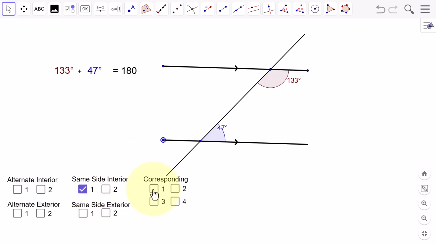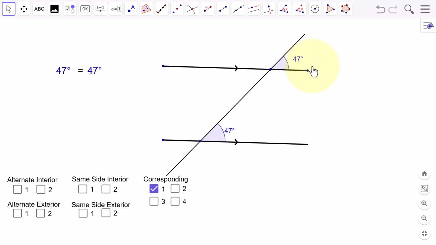Now, for corresponding angles, if you click on this point, you will see corresponding angles here. So these angles are corresponding. You can see this is 47 on this side, and the other side is 47. You can see other corresponding angles by clicking on any of these checkboxes here. Now you already know that these two angles face the same direction.